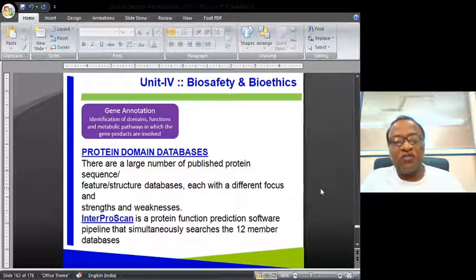So how to go about gene annotation? We have InterProScan. It is a protein function prediction software which searches the 12-member databases.